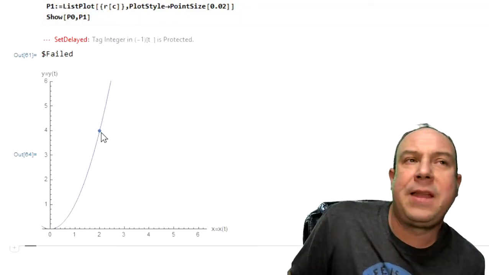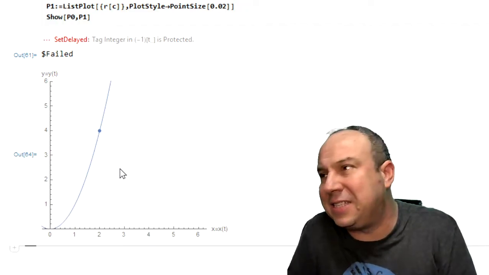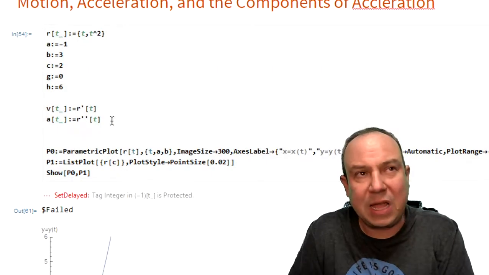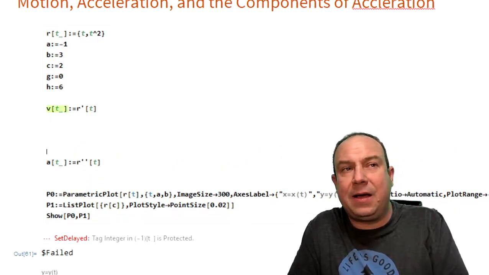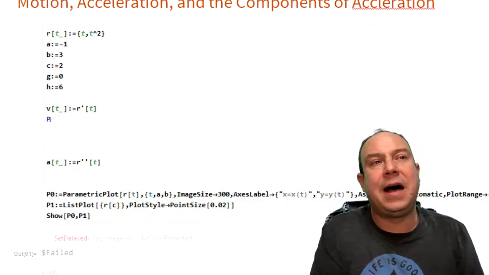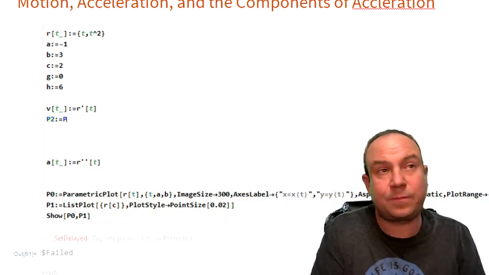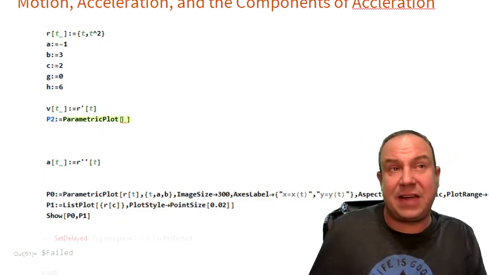All right. Now at that point, we might want to illustrate our velocity and acceleration vectors. And we're going to do that a lot like we had done with my unit tangent vectors. We're going to call out some more parametric plots that are going to be defined as lines.